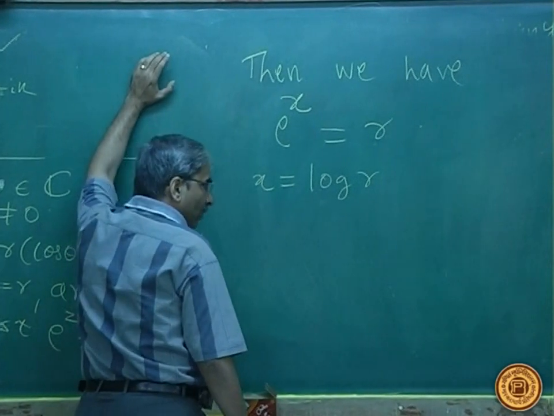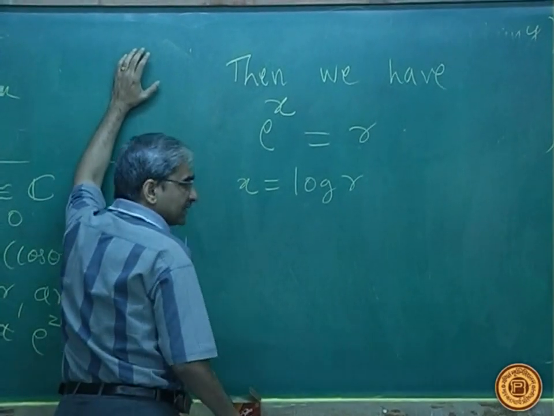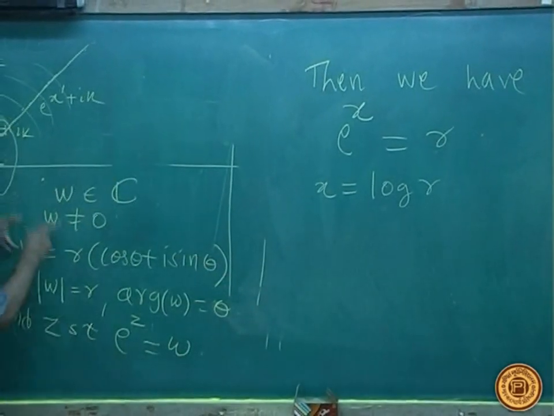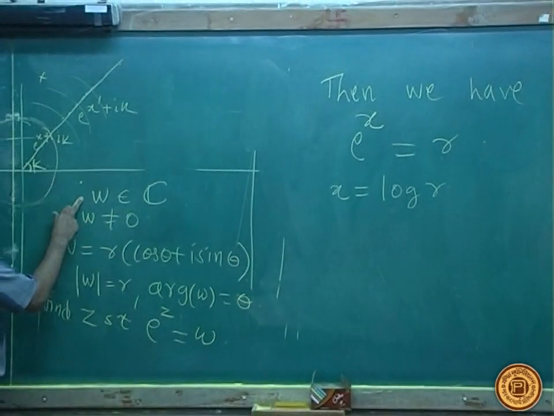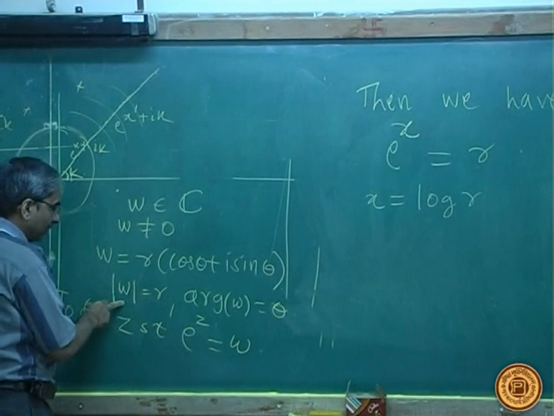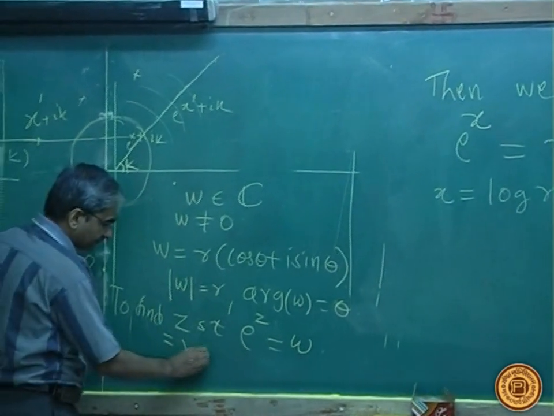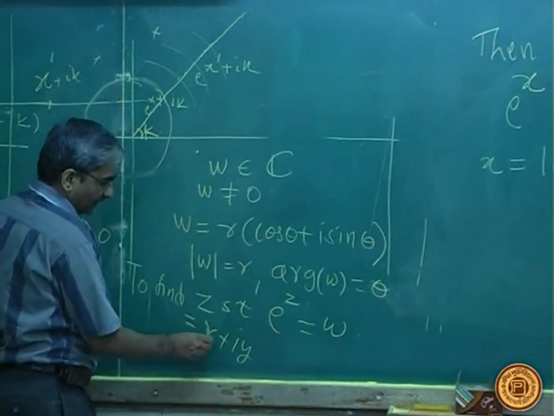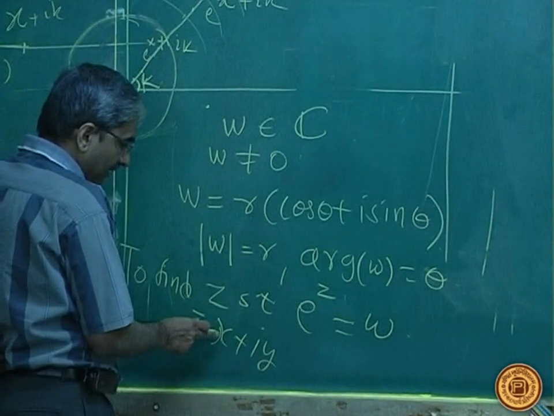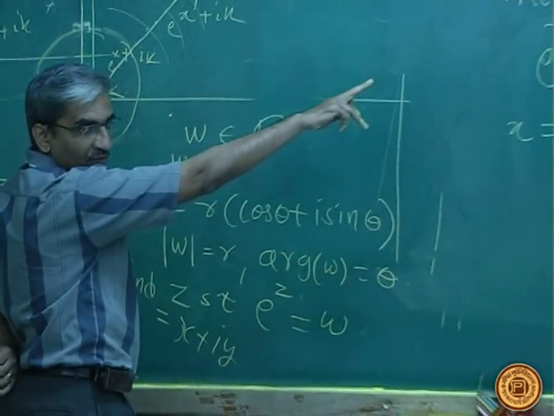Now I want to find y. And then I will take z equal to x plus iy and show that e to the power z is w. w is given complex number. w I have written like this. Mod w is r. But we know that if z is x plus iy, then mod of e to the power z must be e to the power x. But mod w is r. So I get e to the power x equal to r.